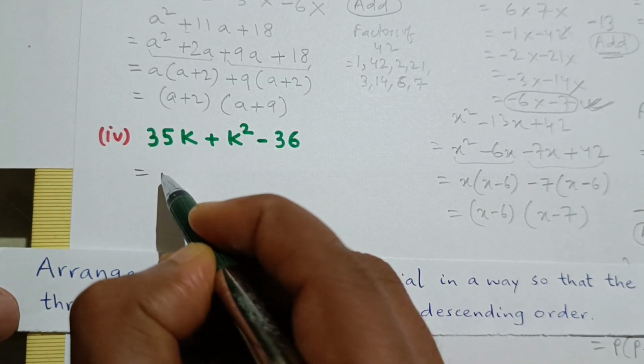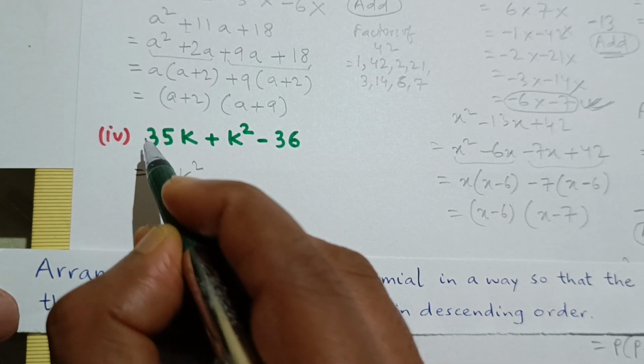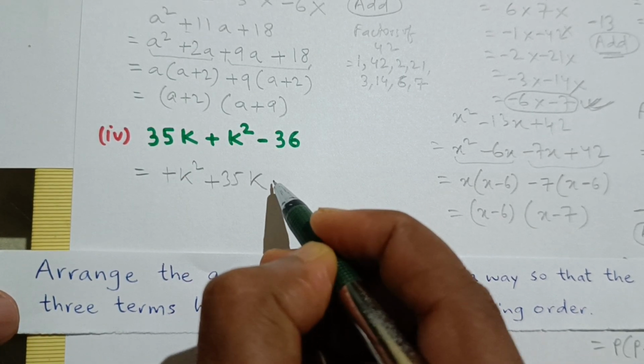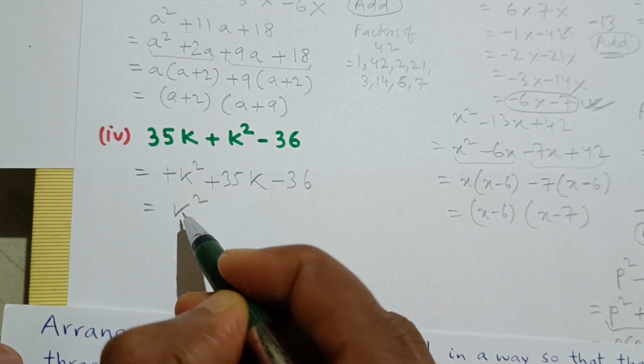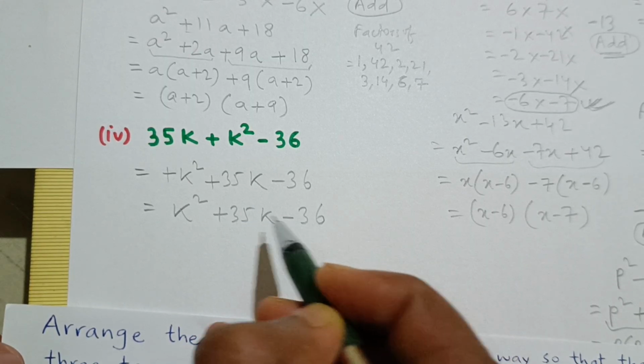First it will be plus k square, then plus 35k, and then minus 36. Plus k square means simply k square. So k square plus 35k minus 36.